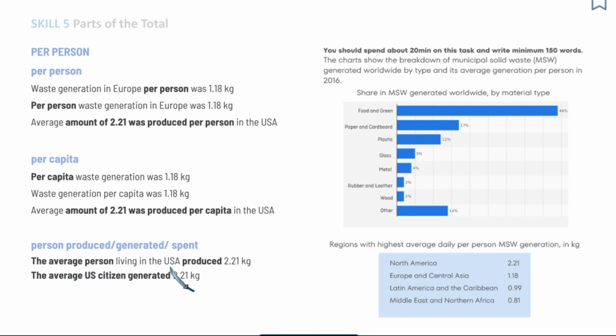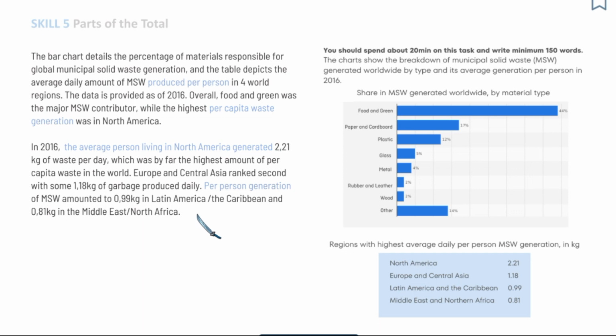So the average person living in the USA produced 222 kg, or the average US citizen generated 221 kg. So again, you have a few ways to present this information and to show your lexical variety. Here I have highlighted different ways of referring to per person generation.